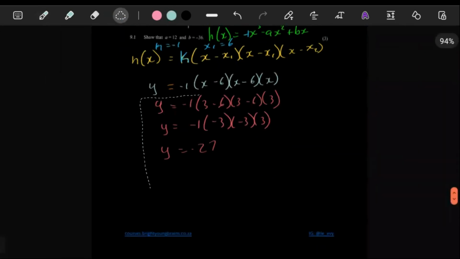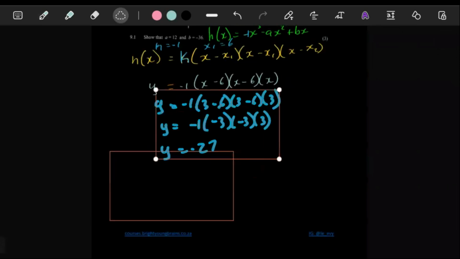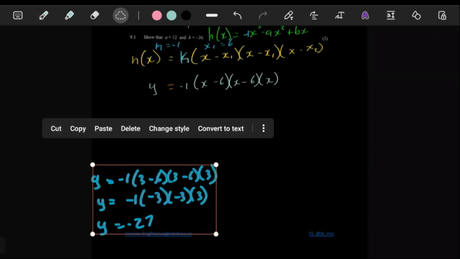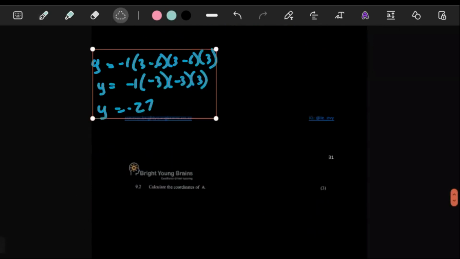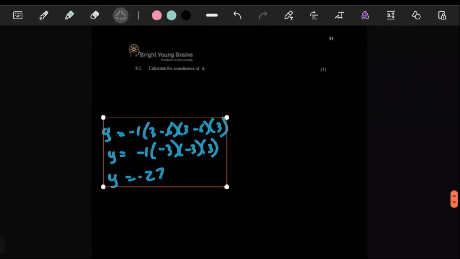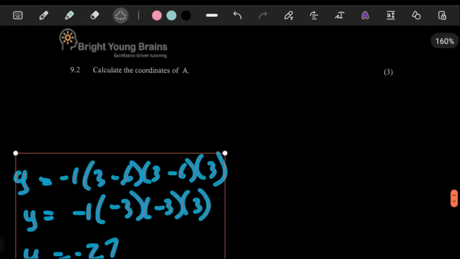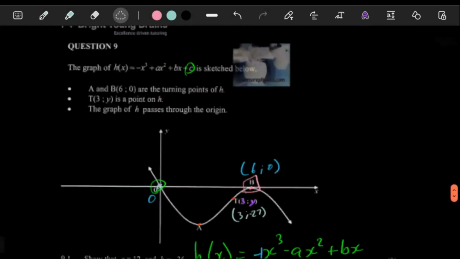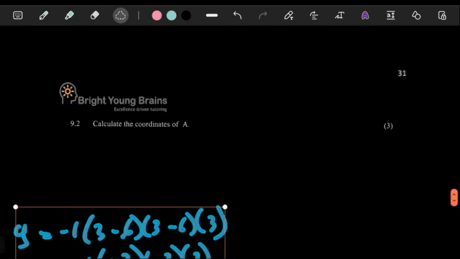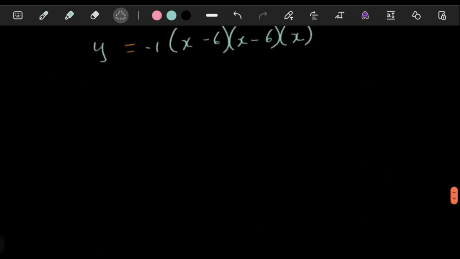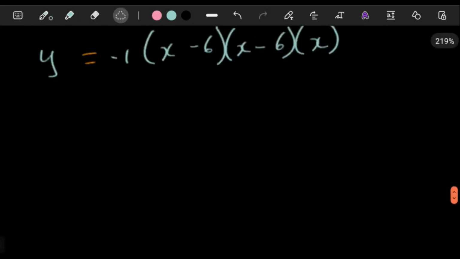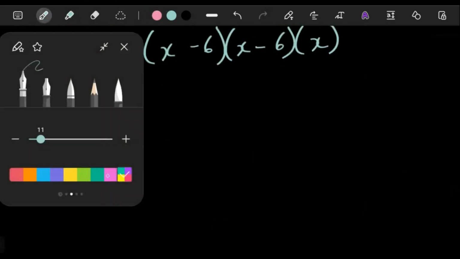Let's leave the 3 out, because here we're just trying to get the equation of the graph. We'll probably need to do it for one of the questions here, which is to calculate the coordinates of A. Where is A? Well, never mind. Let's just delete this for now. We'll probably need to do it later, but for now, we don't need to get any coordinates in this equation. We just need to get the equation.